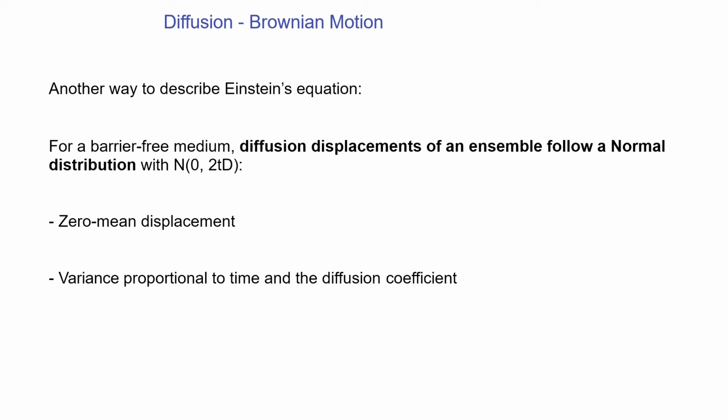Essentially what it means is, if you're in some medium and you don't have barriers, so you could think of this as within the ventricles in the brain, where you're right in the middle of it, surrounded by water, the diffusion displacement is going to follow a normal distribution, this Gaussian distribution. And in some given time, the water will displace a certain distance.